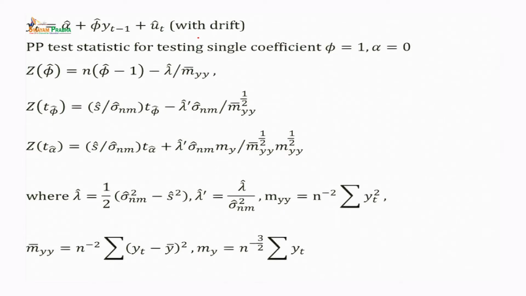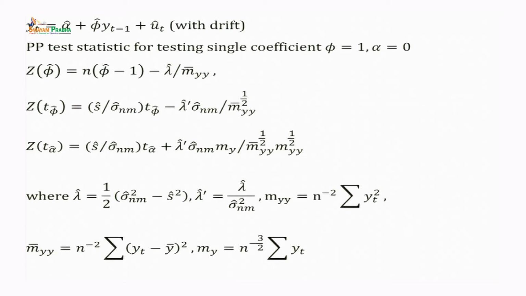Again, for this equation, the Phillips-Perron test starts for testing single coefficient phi equal to 1, alpha equal to 0. Z phi hat is equal to n phi hat minus 1 minus lambda hat upon m bar y y, and Z t phi hat is equal to S hat upon sigma hat n m t phi hat minus lambda hat dash sigma hat n m divided by m bar y y to the power half.